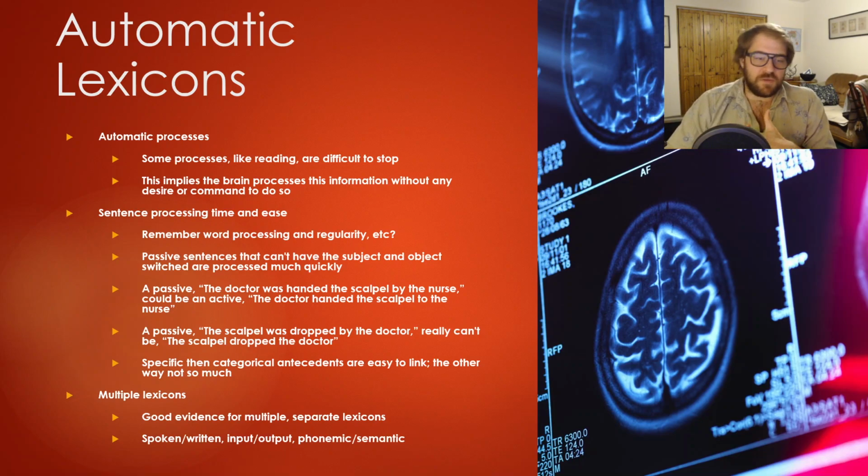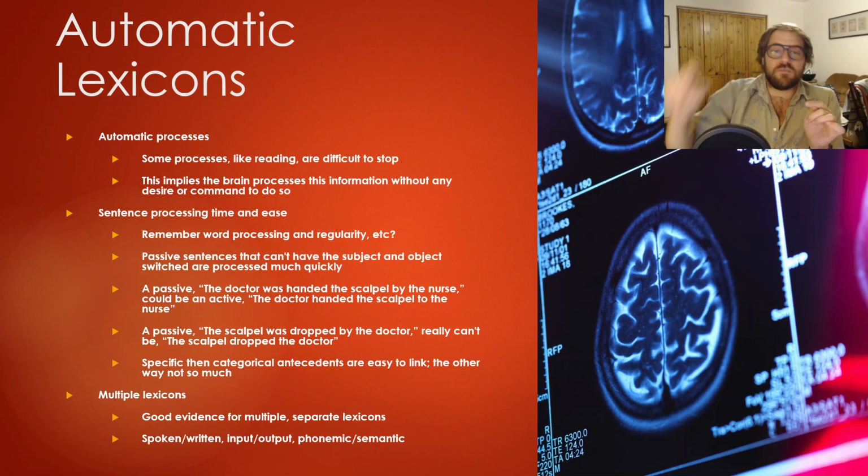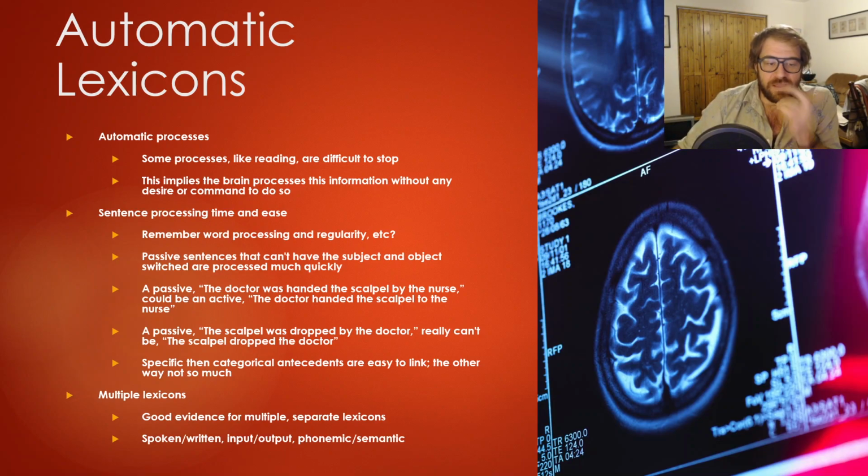One of the issues comes up with passive sentences that have an interchangeable subject and object, which means that both of them are agents. So we can have a sentence here that says, the doctor was handed the scalpel by the nurse. If you're reading this too quickly, it could certainly be the doctor handed the scalpel to the nurse, right? Everything is in the same order. Doctor, hand, scalpel, nurse.